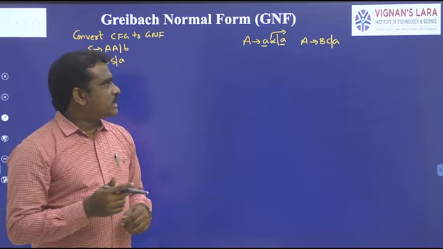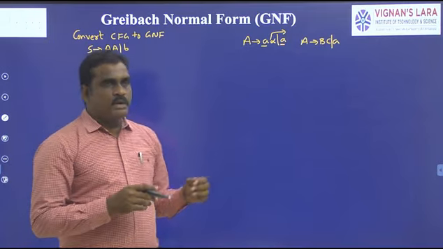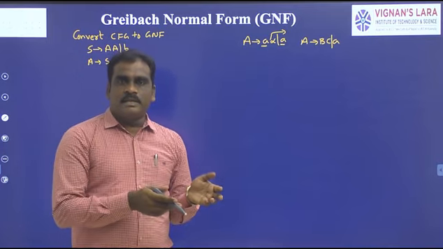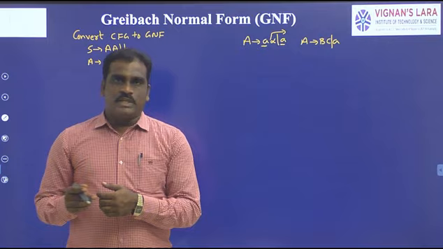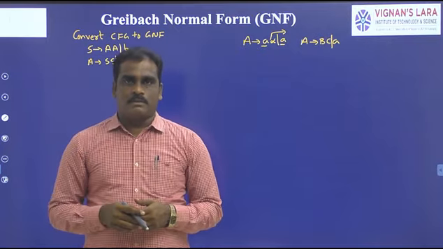Sometimes after step 1, after simplification of the context free grammar, there is no need to perform step 2. Sometimes the grammar is directly converted into GNF form without performing any CNF operations.